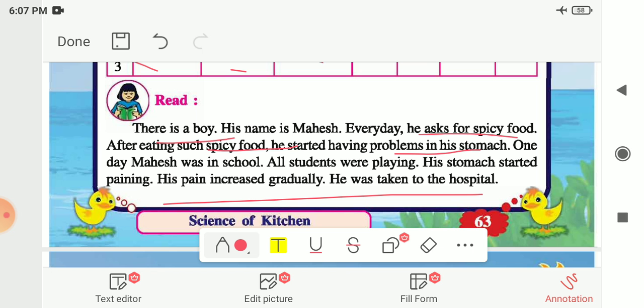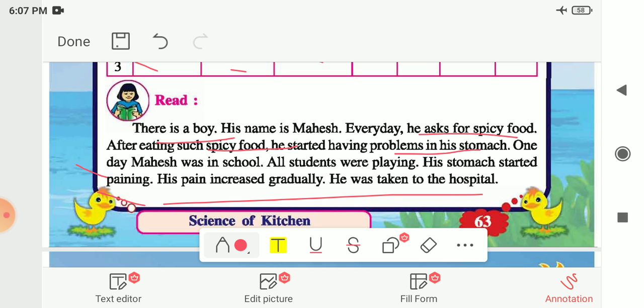One day when he was in school, all the students were playing, and his stomach started paining. Because of the spicy food, his stomach started paining and the pain increased gradually.